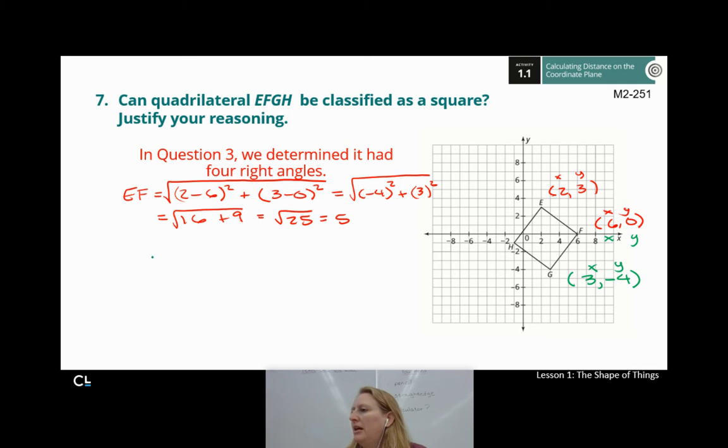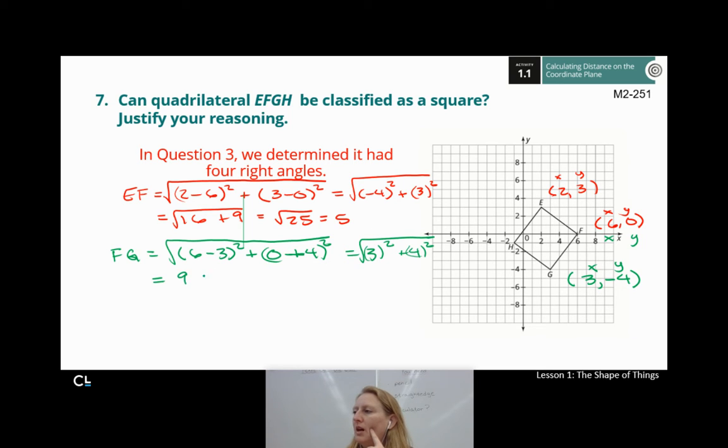So let me subtract for FG. 6 minus 3, subtract my x's, squared, plus 0 minus negative 4, squared. 6 minus 3 is, of course, 3. 0 minus a negative 4, minus a negative becomes a plus. So 0 plus 4 is 4.